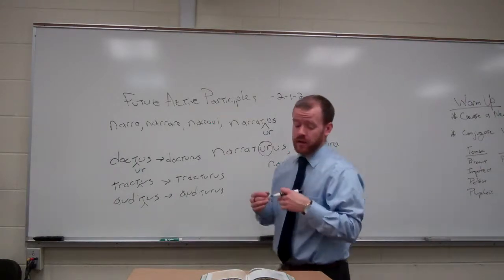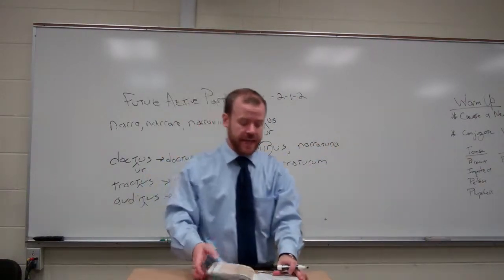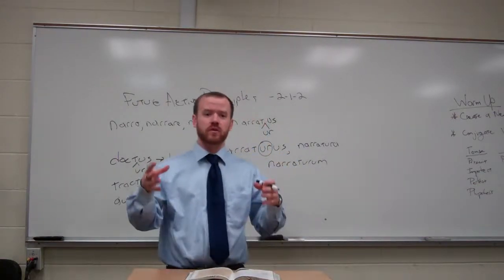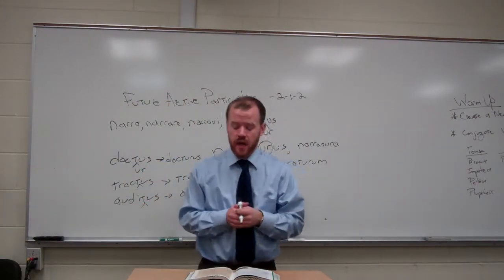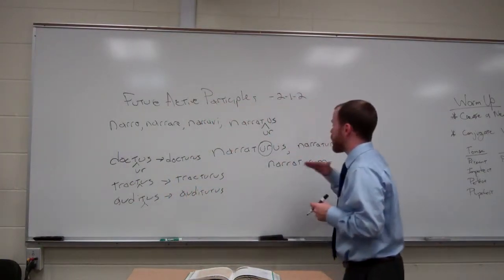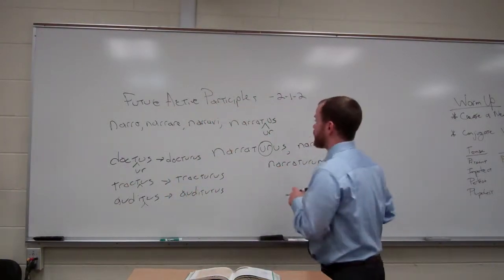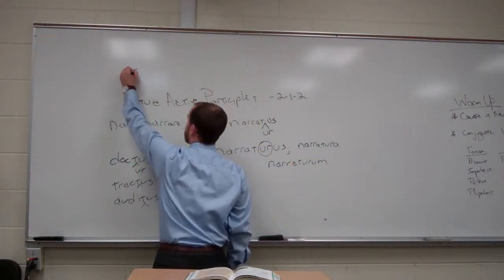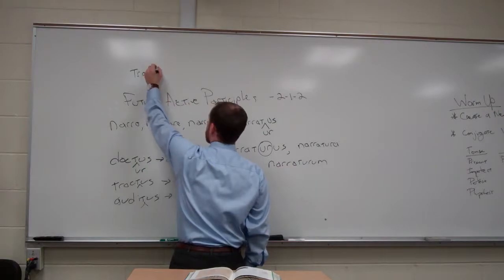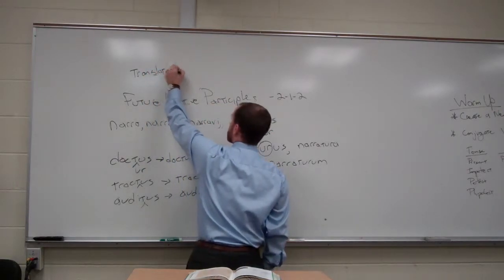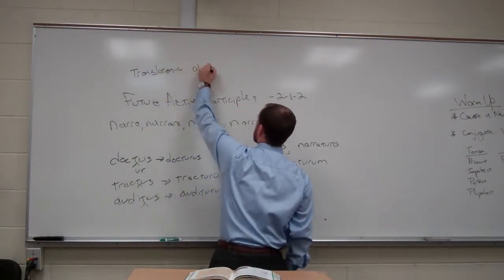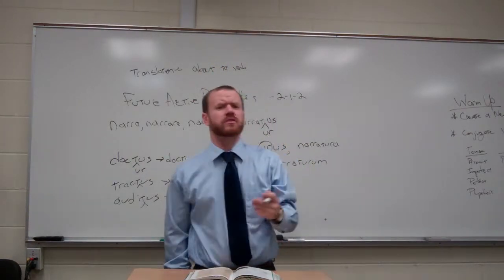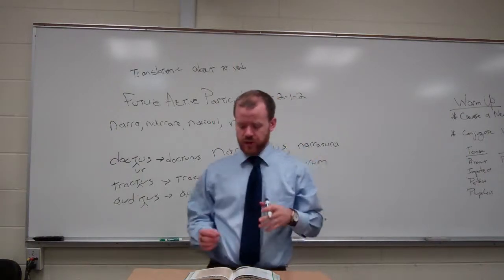Alright? Now, in the Cambridge books, which is where we're getting this information from, this is our first look at the future, alright? And so we have to figure out how to translate this. Well, the future active participle translates like this: about to verb. Alright? About to verb is a pretty standard, solid translation.